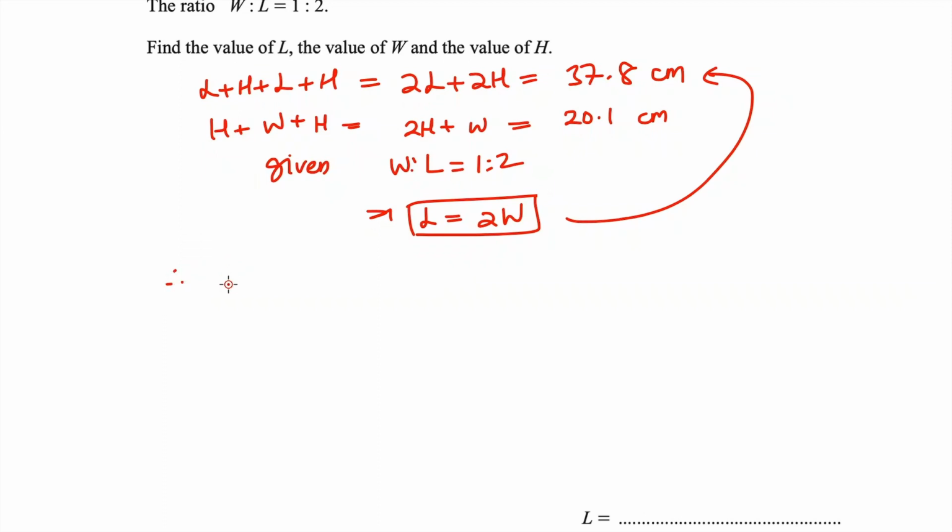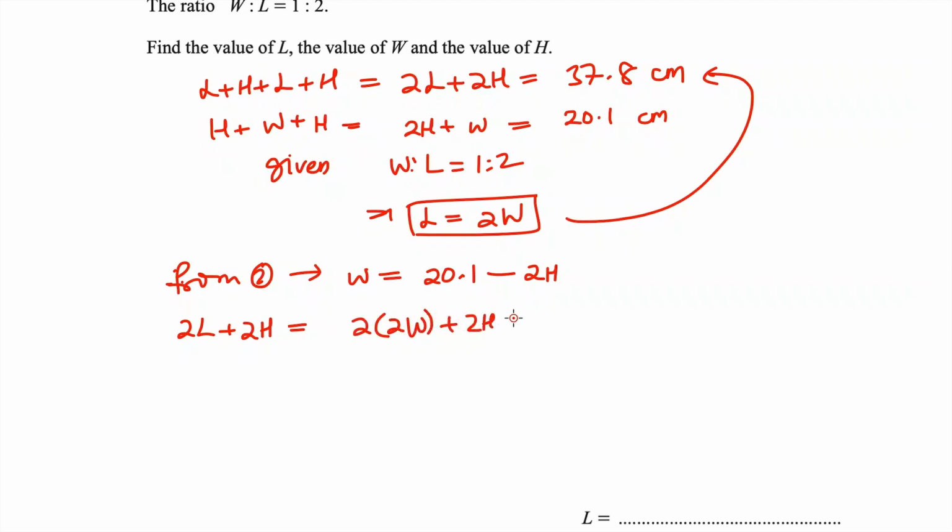So therefore from 2 I get that W is equal to 20.1 minus 2H, and again 2L plus 2H is nothing but 2 into 2W plus 2H, which is equal to 4W plus 2H.